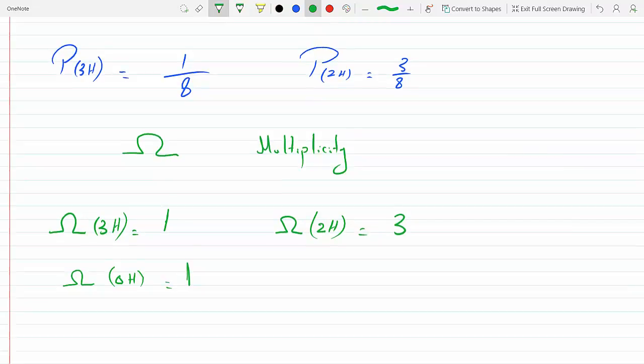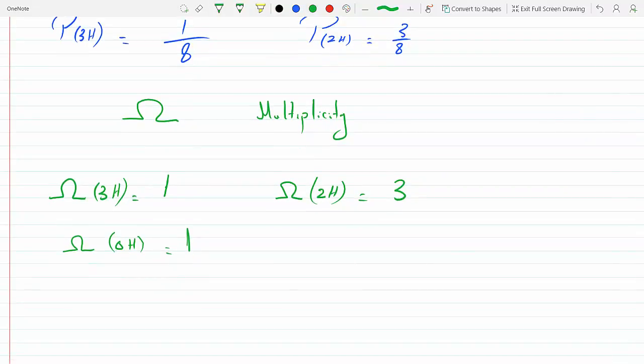So now, what is the total multiplicity? The total multiplicity is actually getting all the 4 macrostates. I have 4 macrostates in this problem. And so the multiplicity of all, let's write it down here: all heads is 1, all tails is 1. I could get 2 heads and 1 tail, we already said this is 3.